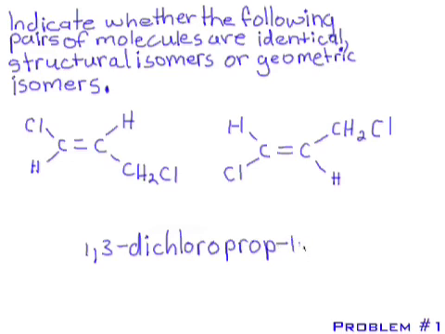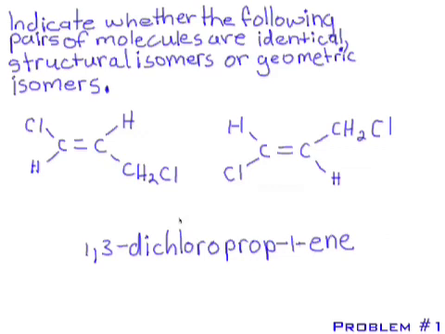What about the molecule on the right? If I count it, I got 1, 2, 3. It's a propane and 1-propene. That checks. And then we have a 1,3-dichloro. So the fact that the IUPAC name is identical means that structurally these two molecules are the same. And so we can rule out structural isomers. Now the question is, are they identical or geometric isomers?